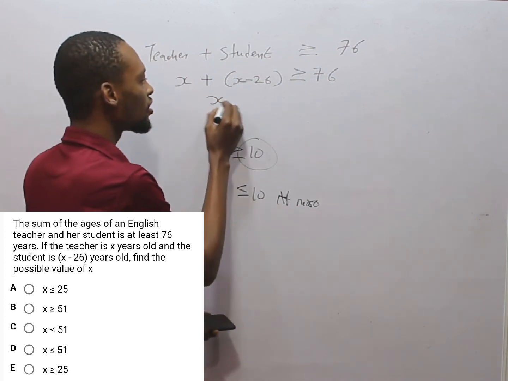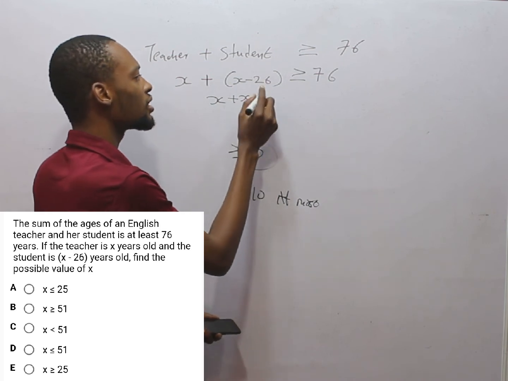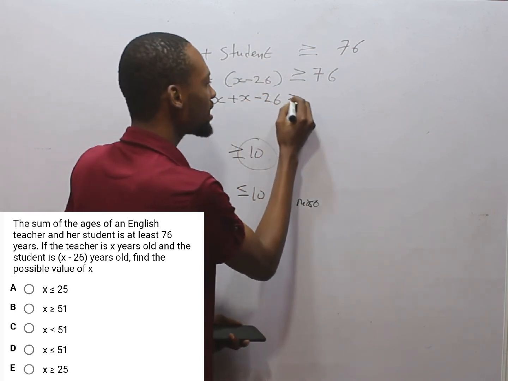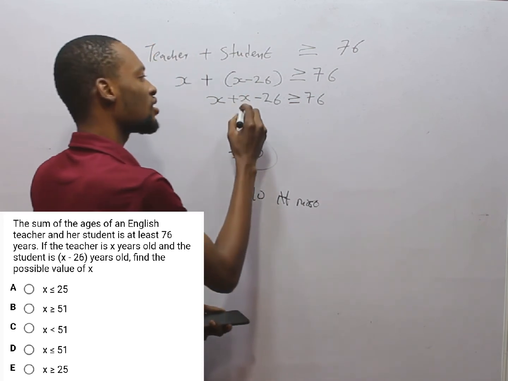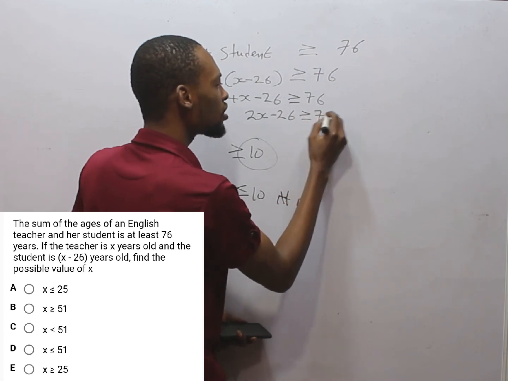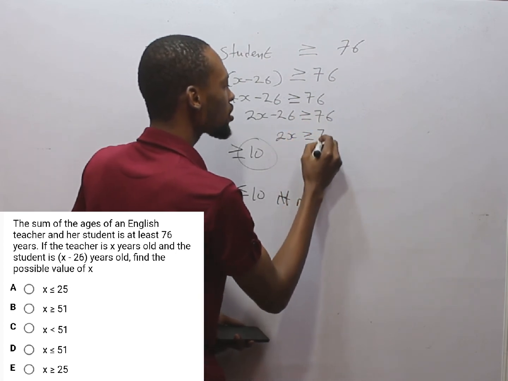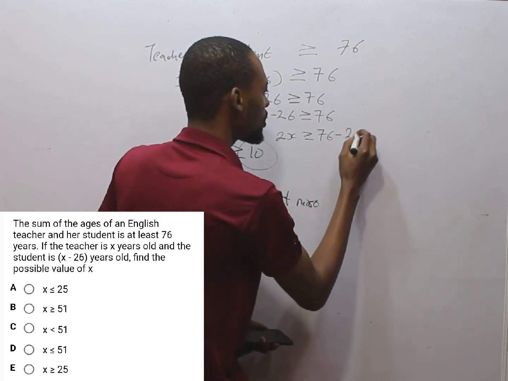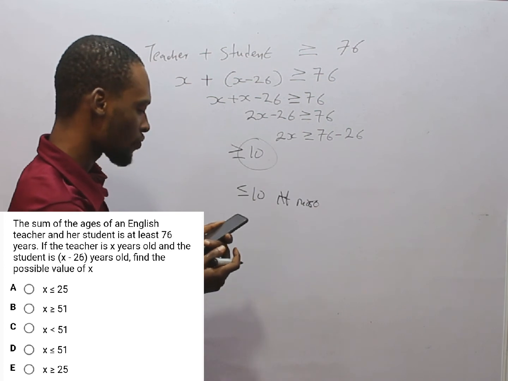Here is S, plus times S is plus S, plus times minus 26 is minus 26, is greater than or equal to 76. S plus S is 2S minus 26 greater than or equal to 76. So 2S is greater than or equal to 76 minus 26. What did we do? Collecting like terms.